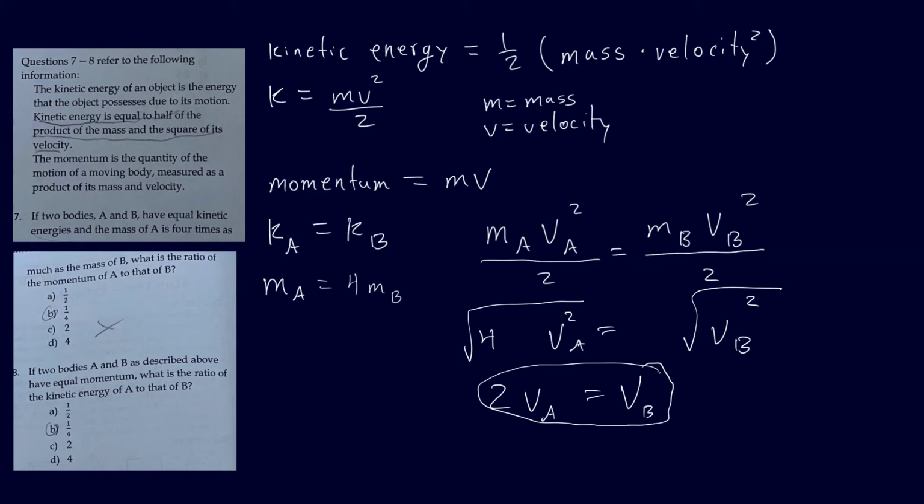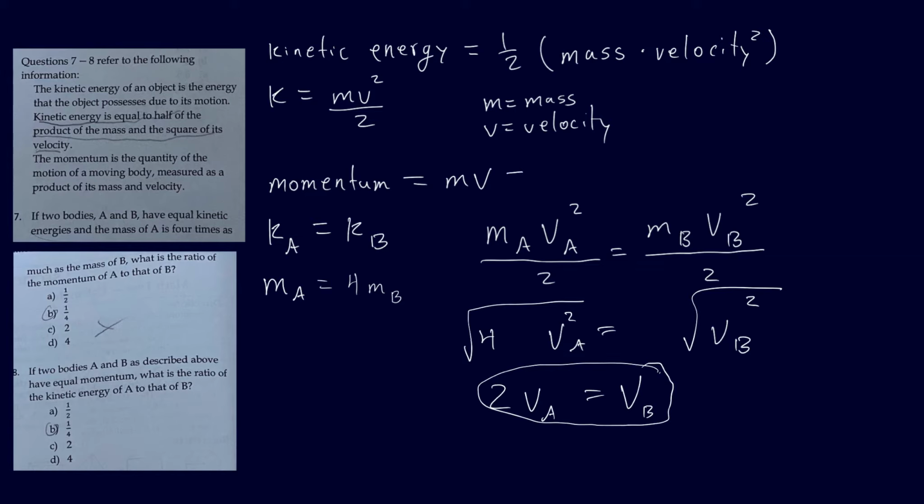I don't think I can make any of these equations any simpler, so this is a good time to actually see what the question is asking for. They're asking for the ratio of the momentum of A to that of B. So momentum, I'm going to give momentum a variable.